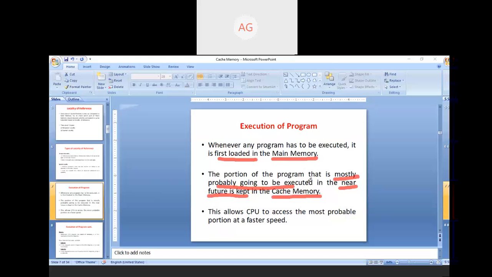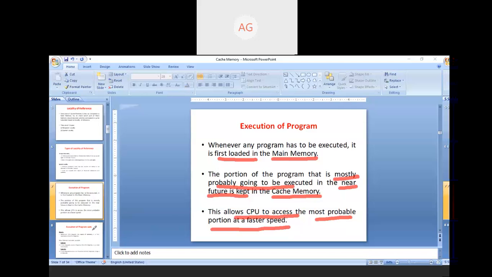That type of program we can store in cache memory. This allows the CPU to access the most probable portion at a faster speed, because the program is loaded in the cache memory, so it can be accessed by the CPU much faster. So this is the concept of cache memory.